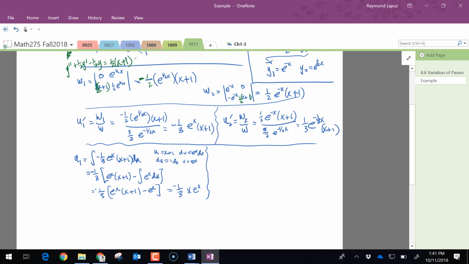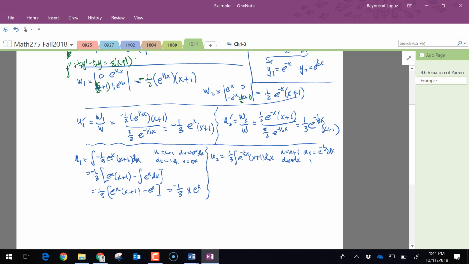All right, so we'll do the same thing on the other side. It looks like a similar integration by parts problem. I'm going to take out the 1/3 this time. E to the negative 1/2 x, x plus 1 dx. So u is going to be x plus 1, du is going to be dx, and dv is going to be e to the negative 1/2 x dx.